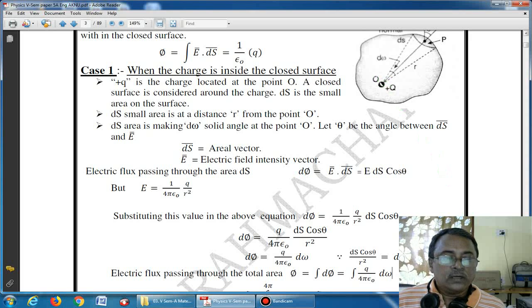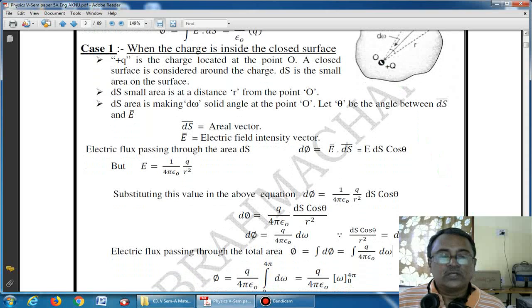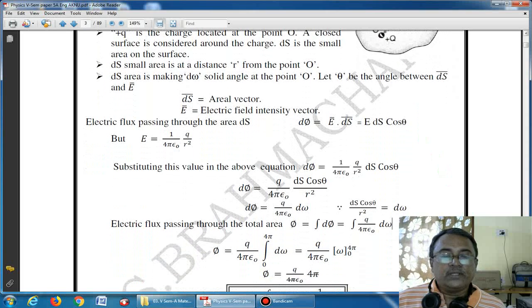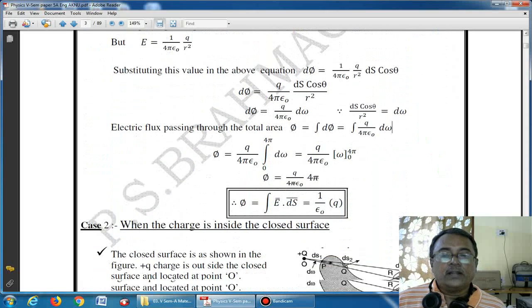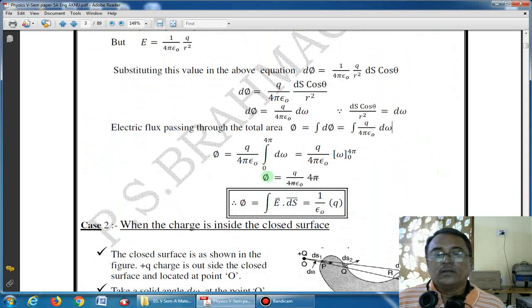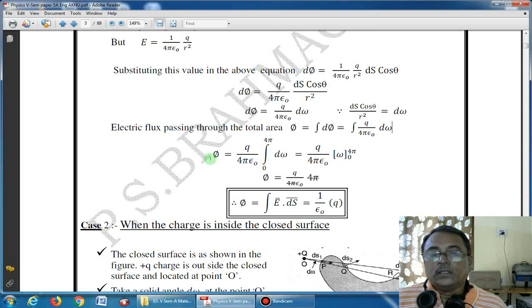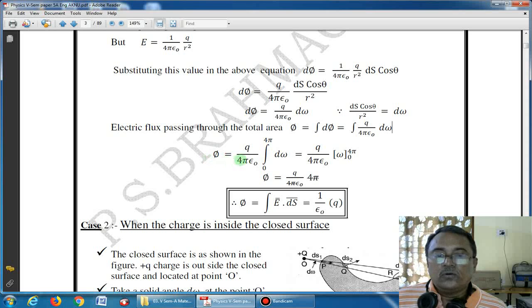So, here the integration limits are in between 0 and 4 pi. Here phi is equal to q by 4 pi epsilon naught integral 0 to 4 pi d omega.